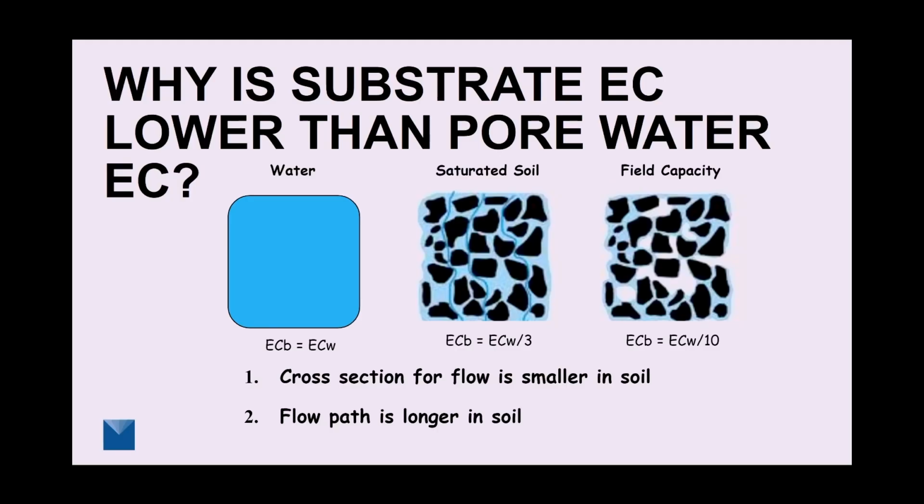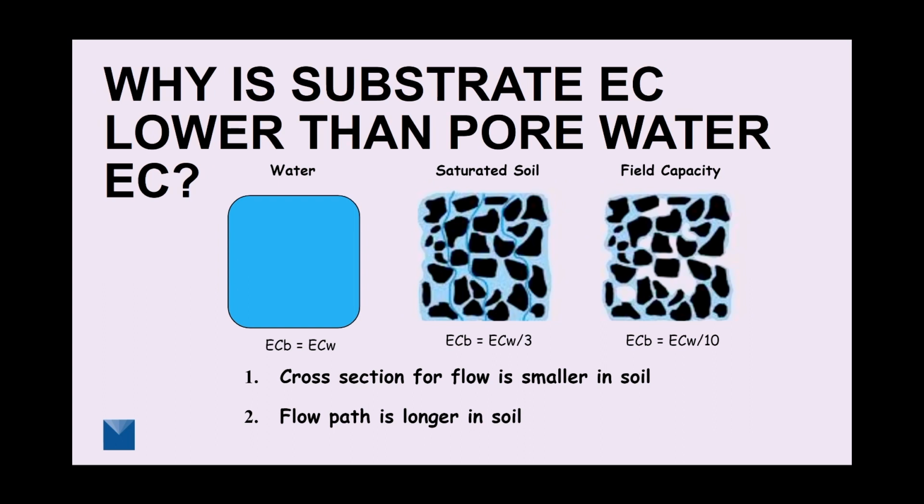But if you put it in soil or a horticultural substrate, there are particles in there that hold the water, the substrate itself, and so that interferes with its ability to conduct electricity. And then if the substrate is unsaturated, if there are air spaces, that also interferes with it.